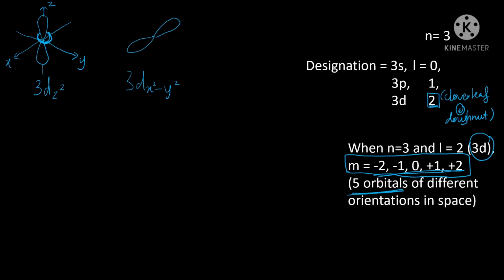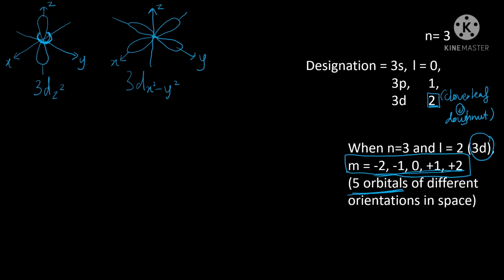First we draw one side of the cloverleaf lying on the x-axis, and another side lying on the y-axis, and then we draw the z-axis. So this is the 3dx²−y² orbital which has the cloverleaf shape.